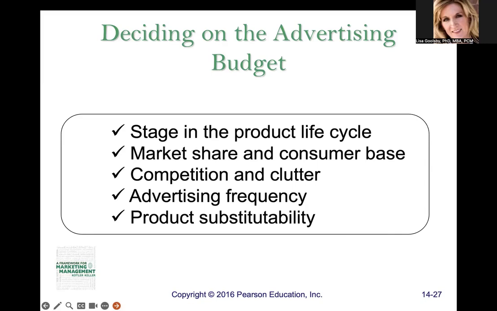How fierce is the competition? If we've got lots of competition, going to have to spend a little bit more money. And also, what kind of clutter is out there? What's getting in the way of our message getting to our target market consumer? We want to look at our advertising frequency. How often do we have to do it? And then again, that product substitution ability. Is it easily substituted with another product?